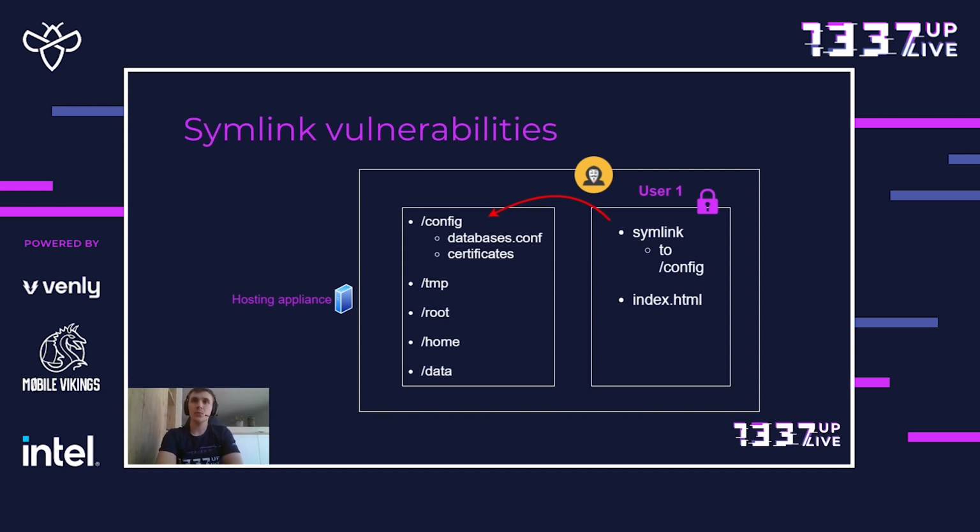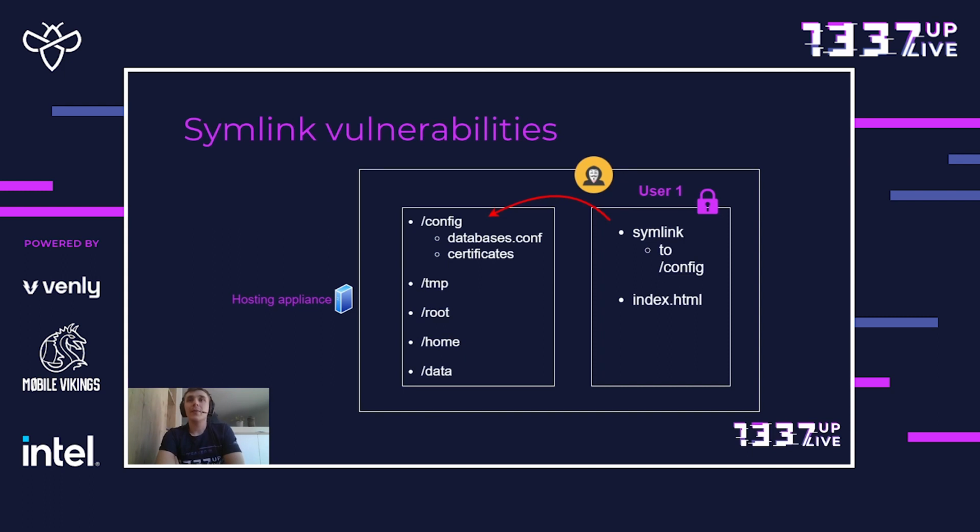So the first one we're seeing here is whenever we create a Symlink inside the jailed web route of user 1 that actually points to a file inside the hosting appliance file system, which we do not have access to. Now, it's important to know that whenever we initiate an action inside the web control panel of a hosting provider, that often initiates an elevated user or process that actually performs the requested action inside your jailed web route.